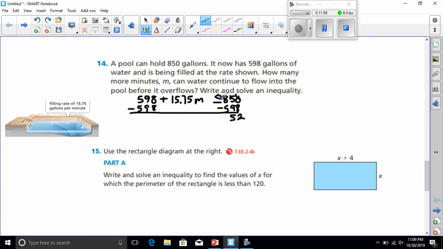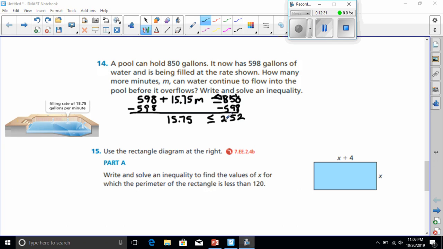And if I borrowed 1 from 8, that would have made it 7. And 7 minus 5 is 2. So, oh, I see, that was a 7. This is less than or equal to. And now we have 15.75m is less than or equal to 252.